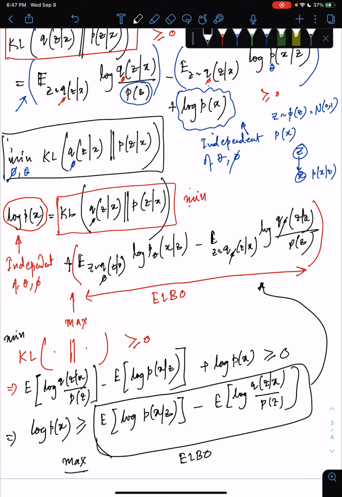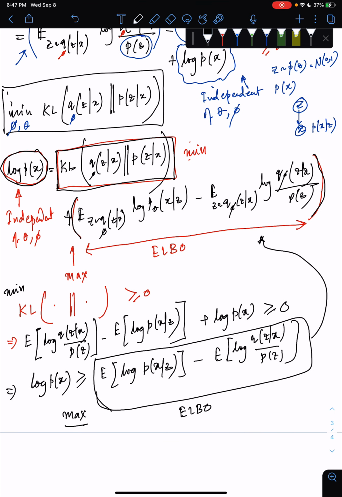Because we are trying to minimize this guy, which we can write like this: log p(x), which is independent, equals KL plus the ELBO. The left hand side is independent of my parameters, and we want to minimize this KL, so we are saying that we can maximize this ELBO.